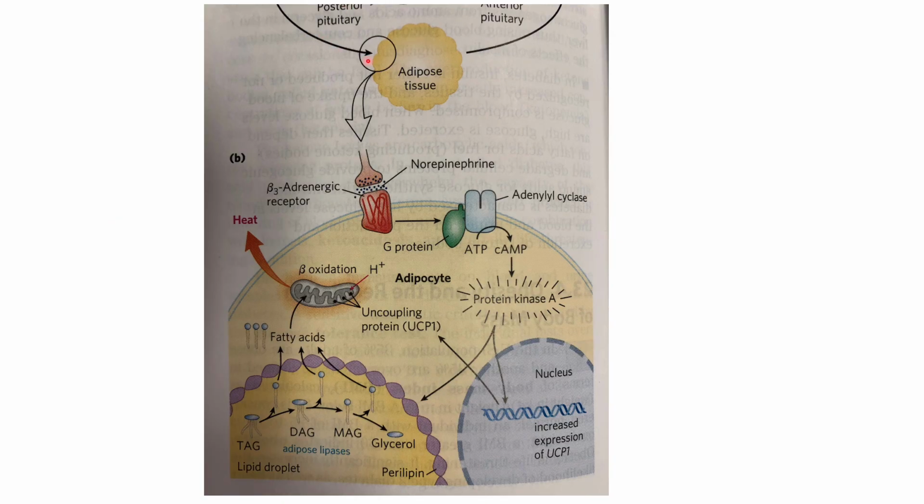So you get this process going to the posterior pituitary, and the signals sent with the beta-adrenergic receptors with norepinephrine, and you get to the beta oxidation without ATP synthesis occurring. Heat is dissipated, and the second messenger, cyclic AMP, activates a protein kinase, and that kinase is involved with breakdown of fatty acids, which are released and go into beta oxidation, generating heat. So this is a way to break down adipose tissue without creating energy.